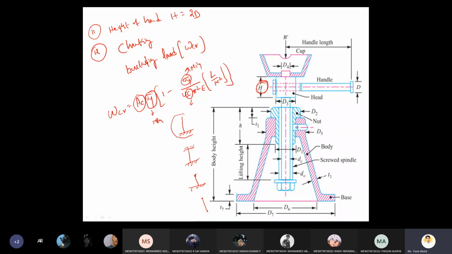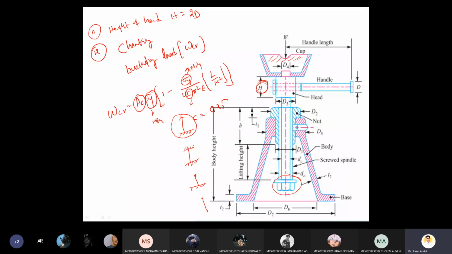One end is fixed to the load being lifted up, and the other end is free. For this the C value is 0.25. I'm not taking my own values; these are already in the mechanics of material.